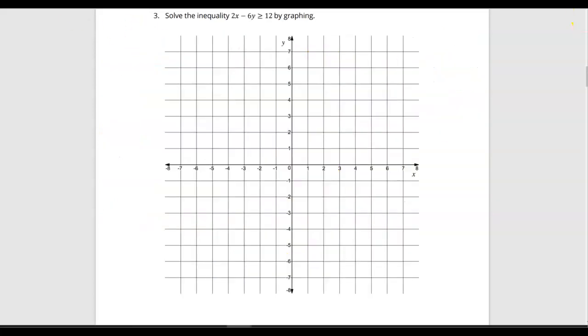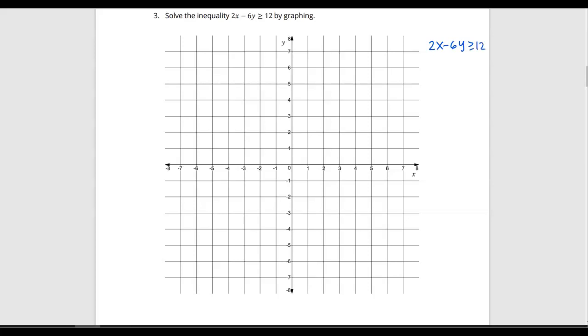Now let's consider a third example. Solve the inequality by graphing. The first step is to write this in the form y on one side and mx plus b on the other side. We do that by rewriting the inequality. Start by writing 2x minus 6y greater than or equal to 12.